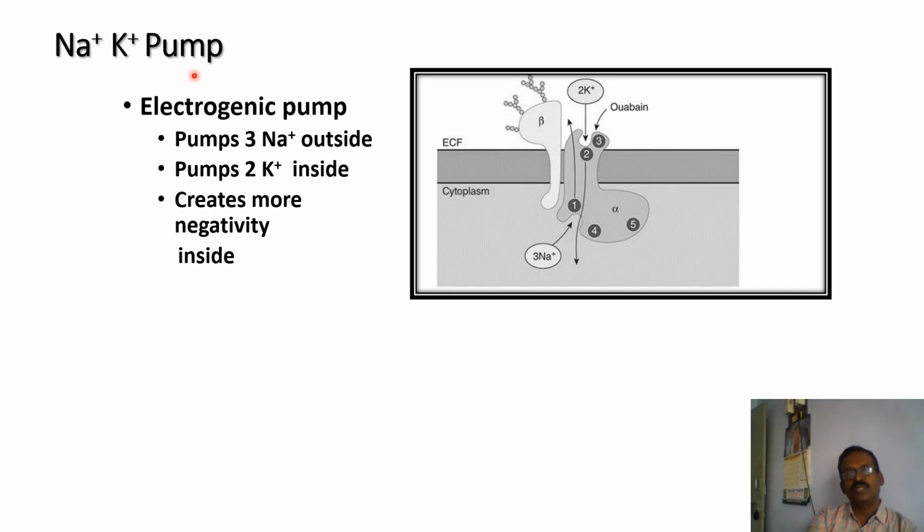It pumps 3 sodium outside and 2 potassium inside, so it creates more negativity inside. It also plays a less important role in the resting membrane potential. The resting membrane potential is always negative, so it creates more negativity inside.